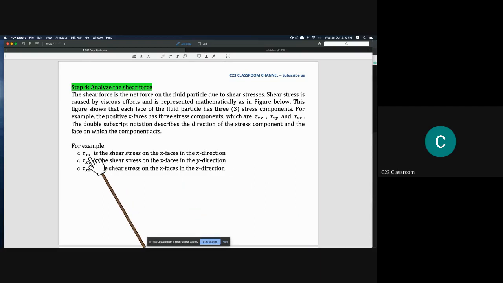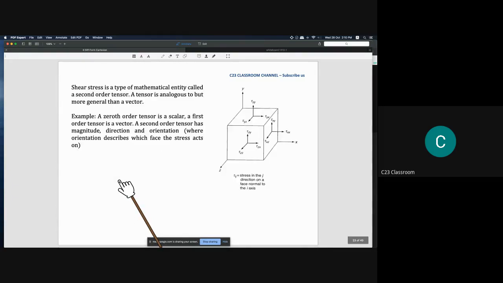Because we are dealing with the shear stress here, it can be simplified by using the idea of the shear stress tensor. So, for example, we have one molecule here with a certain shear stress.